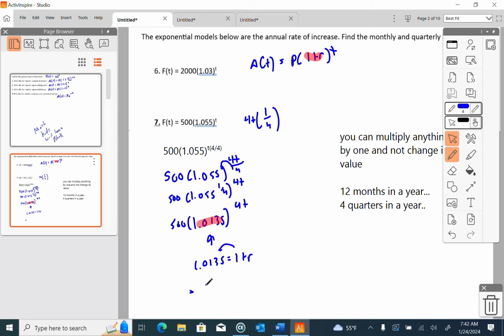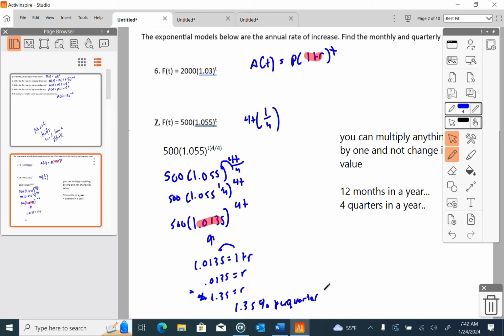Subtract the 1, and your r is 1.35% per quarter. Sorry, I don't know why I did the quarter first. All right, that's per quarter.